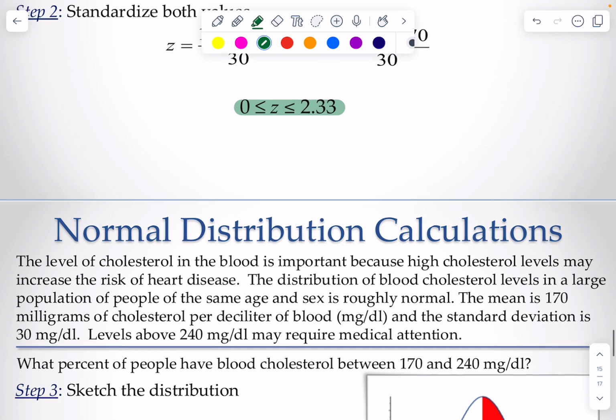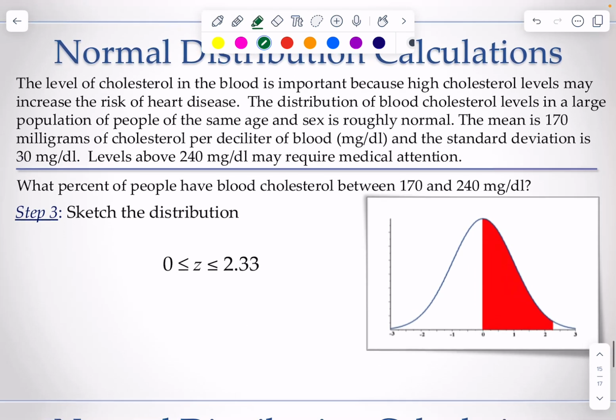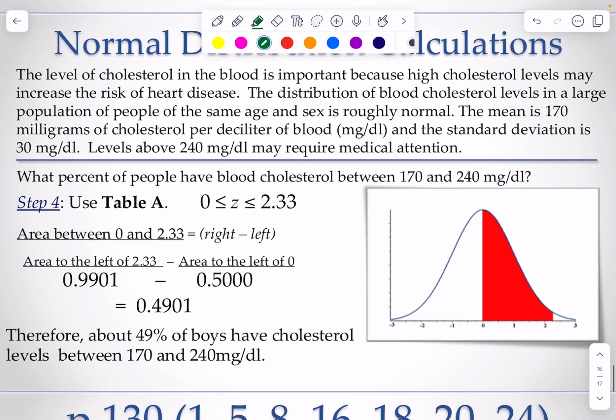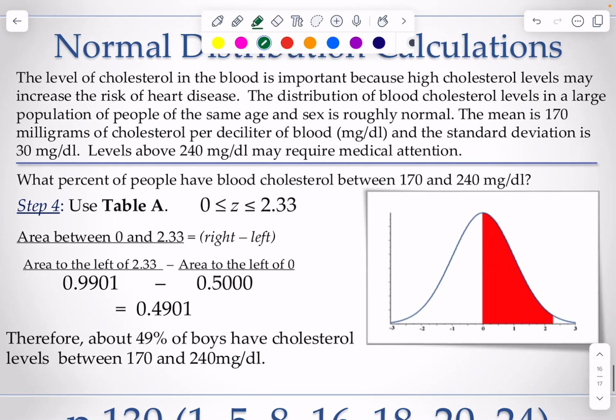This time, after I sketch my distribution, I find the 2.33, find the 0, and shade everything in between. So I know about half of my distribution should be within that interval. When I look the values up, I get my area for 2.33, the 0.9901, and I get my area for 0.